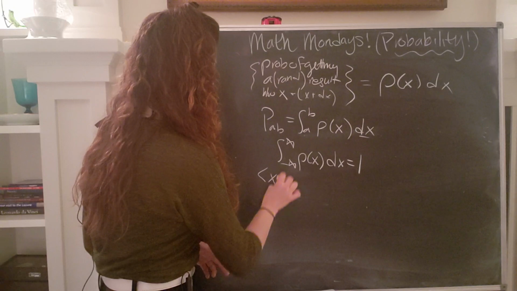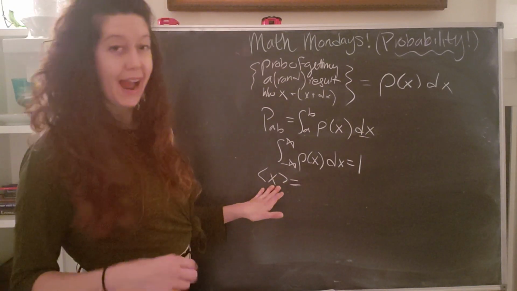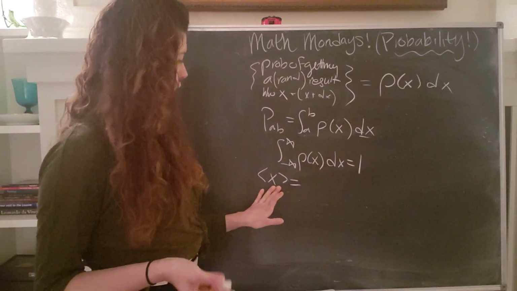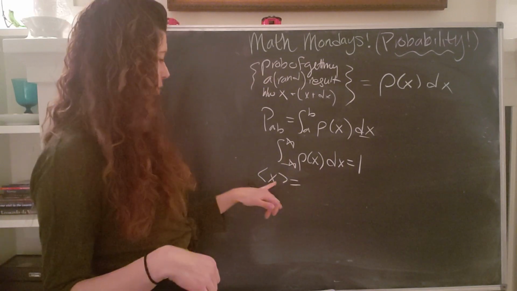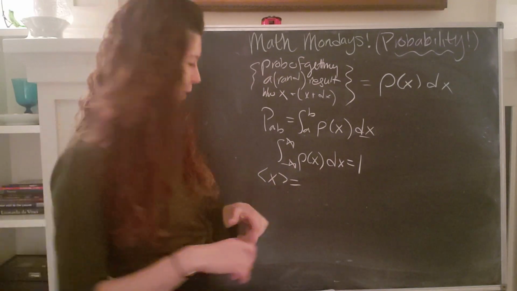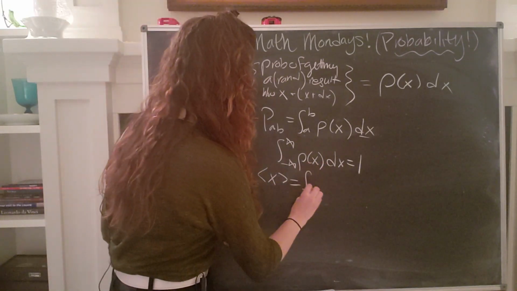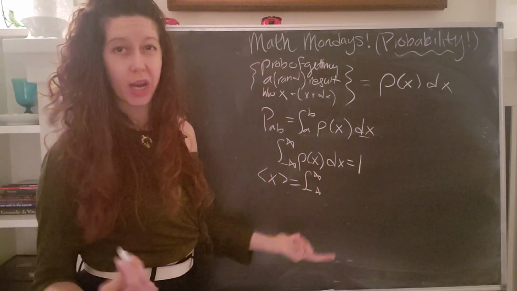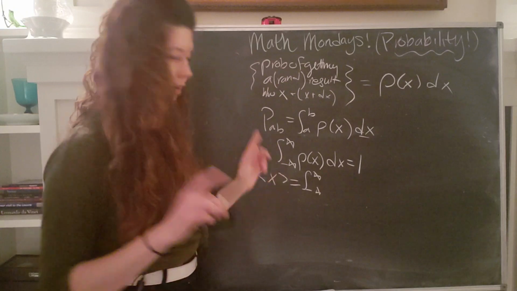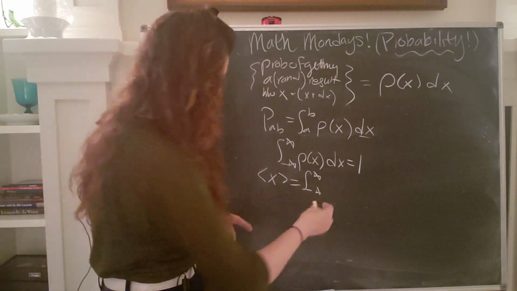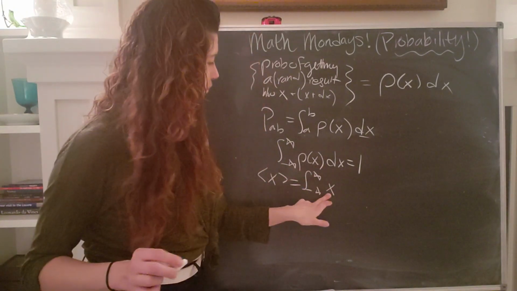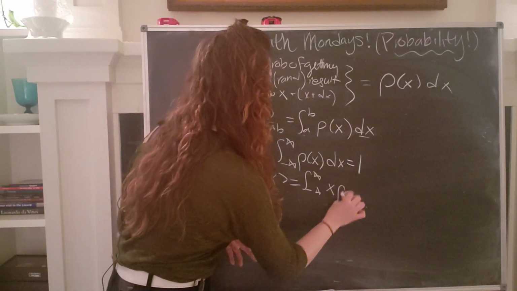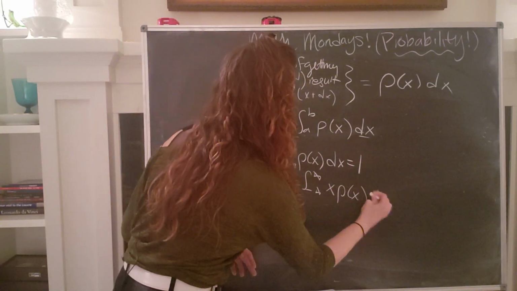A couple of other things that we need to define are the average value of our quantity, or the expectation value, equals the integral from negative infinity to infinity, and this may change depending on the situation. We will do an example in a second. So you multiply the quantity of interest times the probability density times dx.